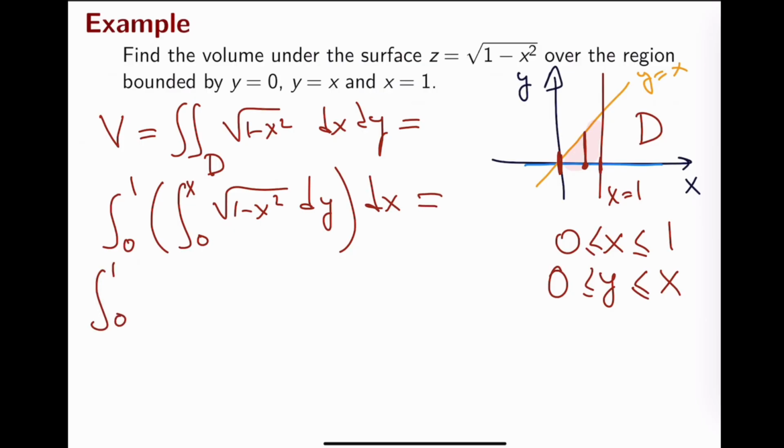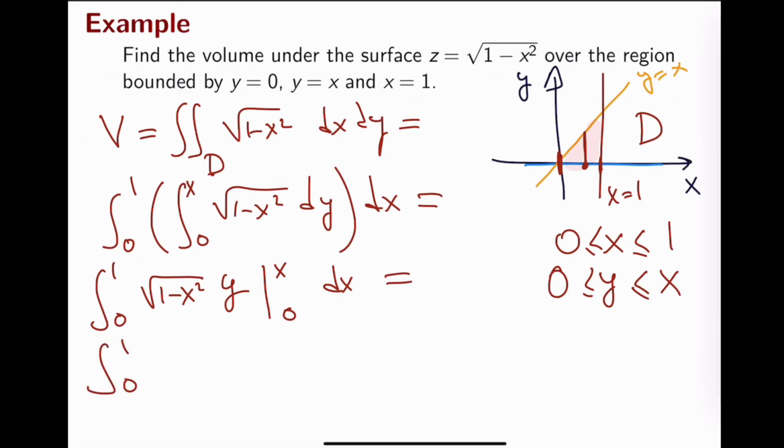And this is the integral between 0 and 1 of, let's calculate the primitive of this. Observe that this function doesn't depend on y, and we are integrating with respect to y. So this is going to be a constant that goes out, root of 1 minus x squared times y. And then we are going to evaluate this between 0 and x. So that will be the integral between 0 and 1.